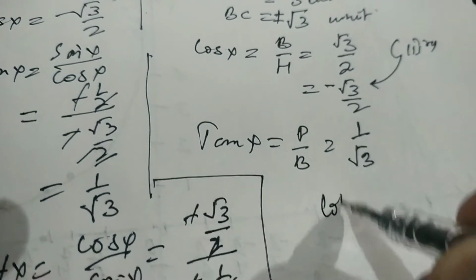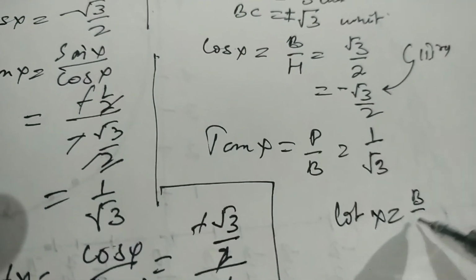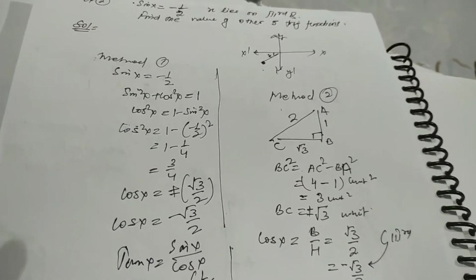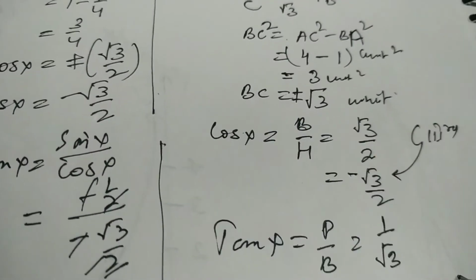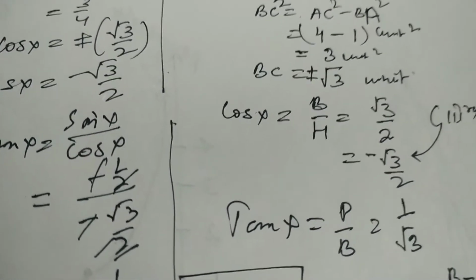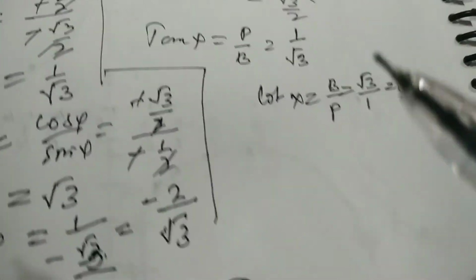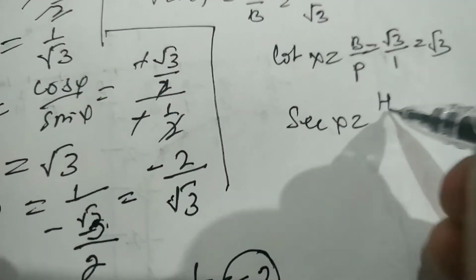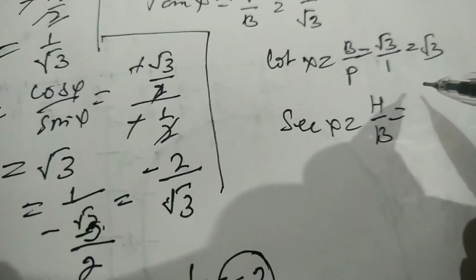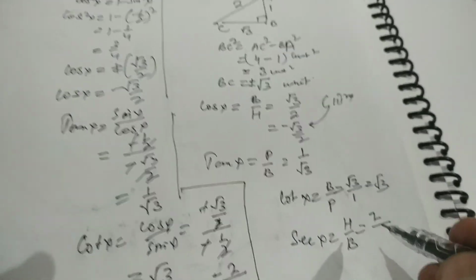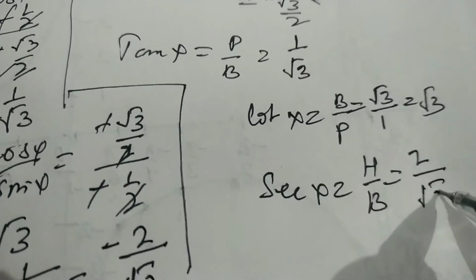And now cot x is equal to B upon P. We have B is root 3 upon P is 1. This is root 3. Again, cot x is positive in the third quadrant. And now secant x is hypotenuse upon base, hypotenuse is 2 and base is root 3.